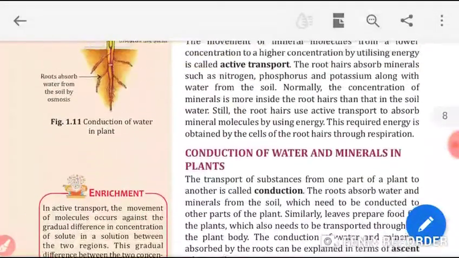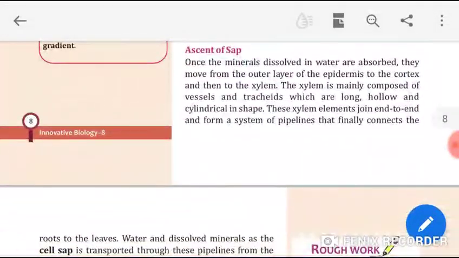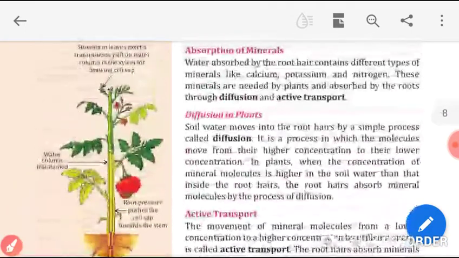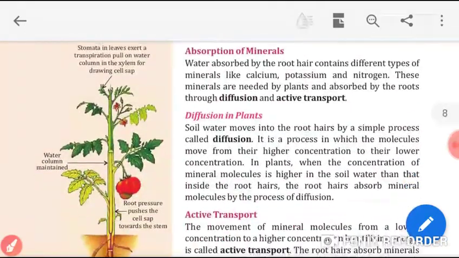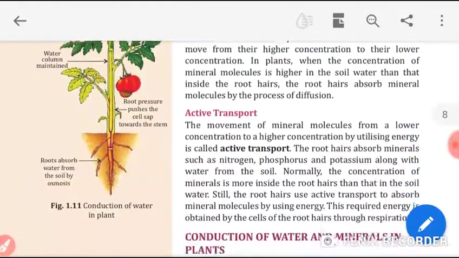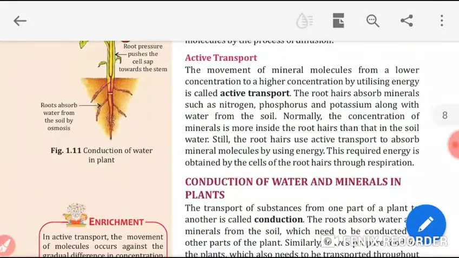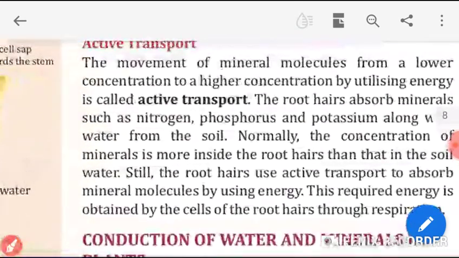Here, listen students, page number 8, third paragraph. First, then second, then third paragraph. Active transport. Okay students, first line.